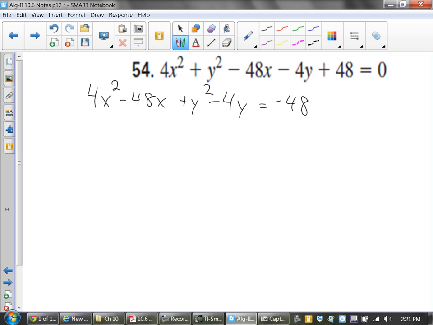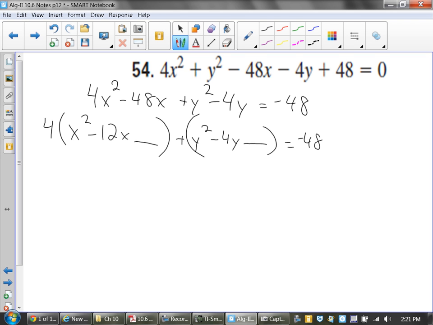Again, at this point in time, we have to complete the square. Notice that with the x squared terms, you've got an a value that's not equal to 1, so you've got to factor out the 4. Factor out the 4, you have x squared minus 12x blank plus y squared minus 4y blank equals negative 48. And I have to remember to put that back in, plus 4 times something plus something else.